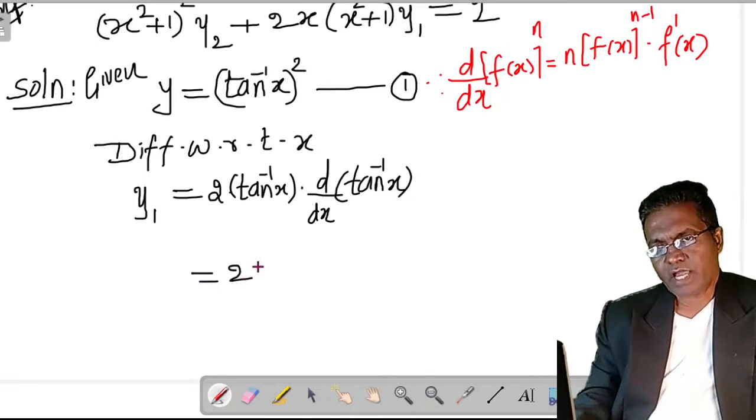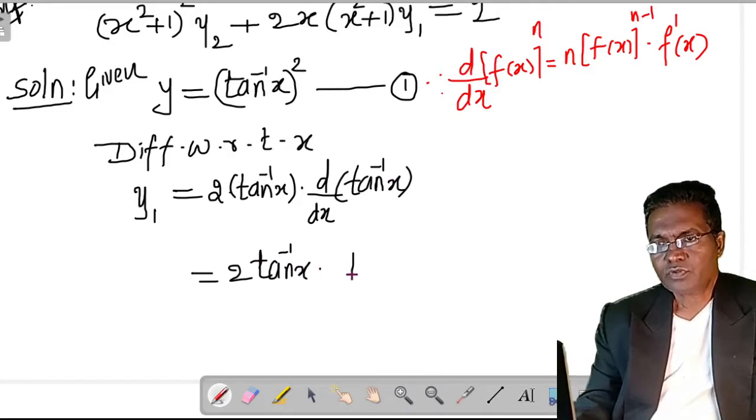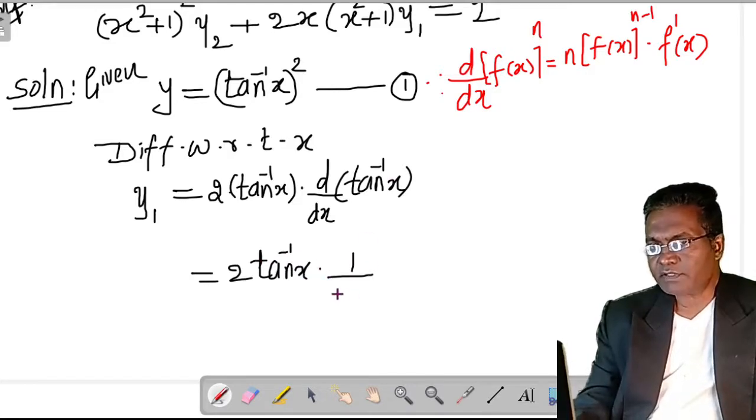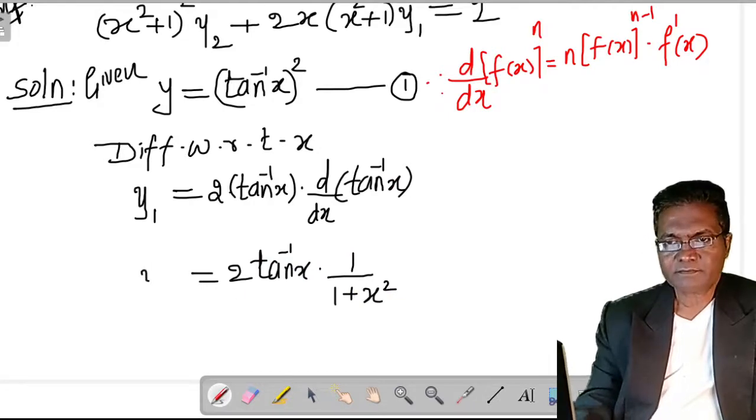So 2 tan inverse x into derivative of tan inverse x, which is 1 by 1 plus x square.